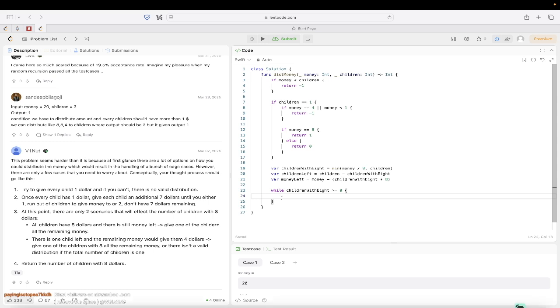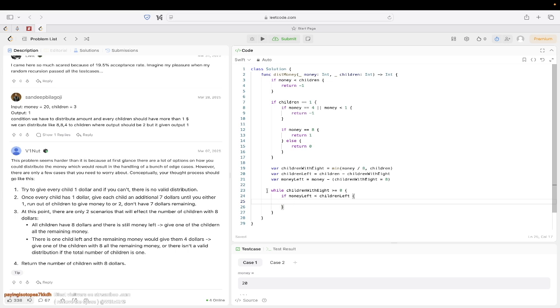So we need to check if the amount of money we have left will be enough for everyone to get $1. That's what we need to check. So if money left is less than children left, then we need to do some math.